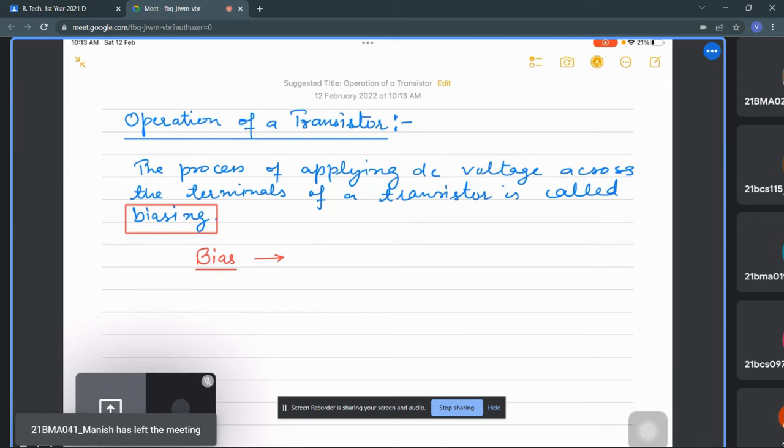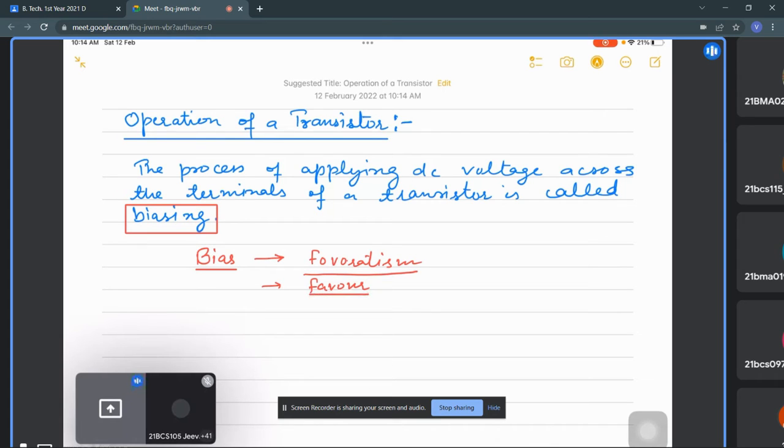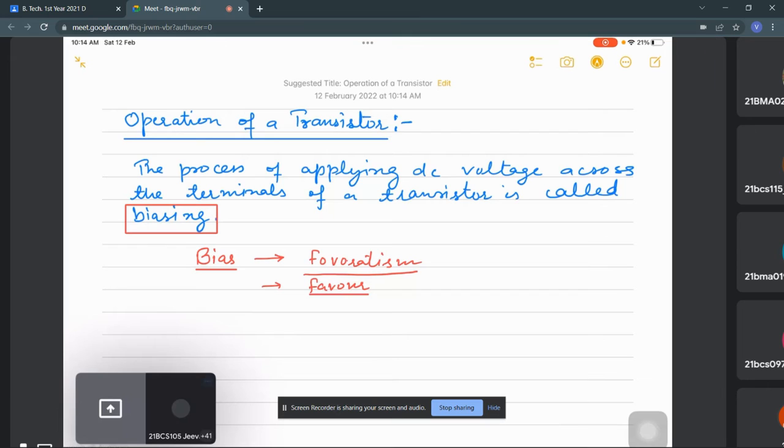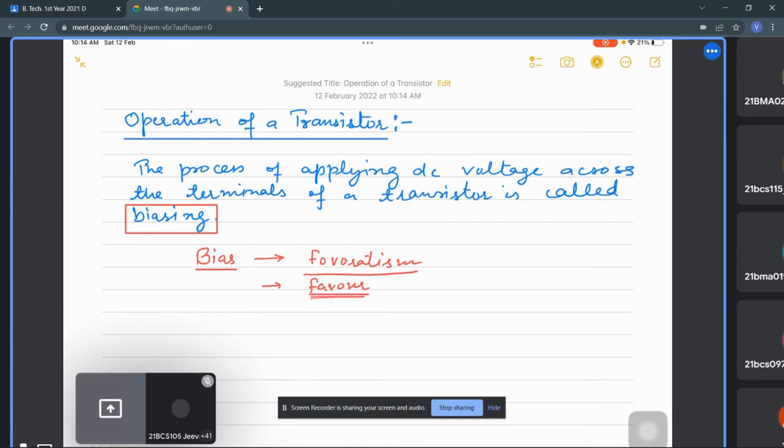Bias means favoritism. Okay, you're just favoring something, isn't it? ऐसा होता है ना? Hello, you can correct me. Yes, sir. So we are favoring someone. That means biasness towards him or her.